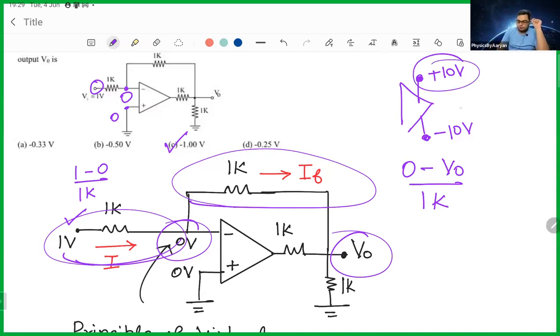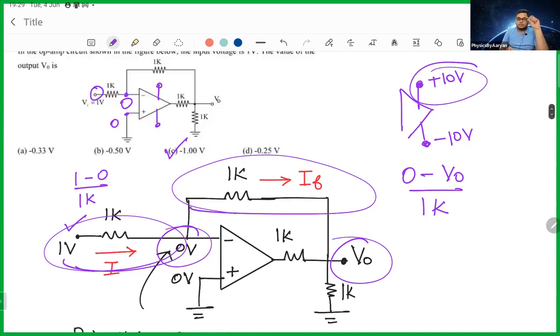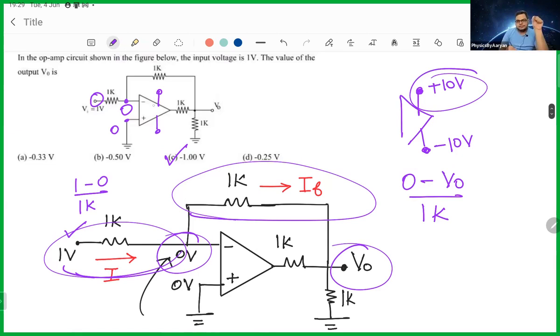I have applied 10 volt to run my amplifier, which is not shown here. Actually, it is not shown in the question, but it is there. If the question is something like that, it will be shown. In this, it is not shown because you are in negative feedback. Negative feedback means that the gain is not infinite. The gain is a little less.